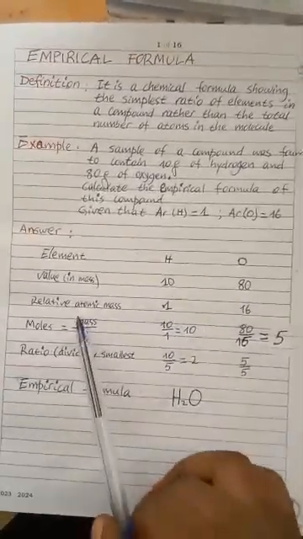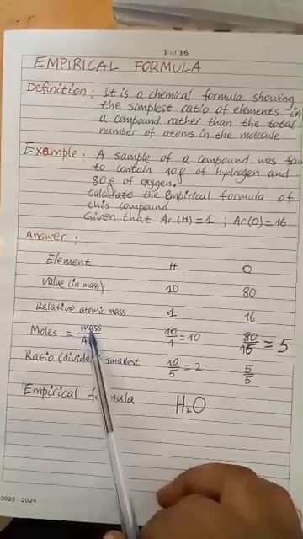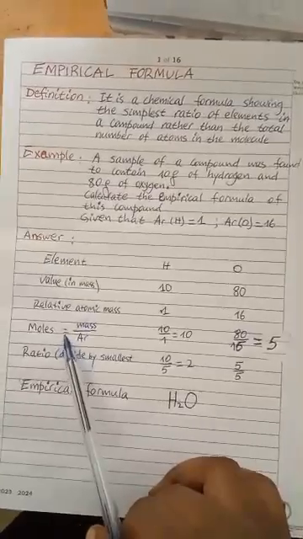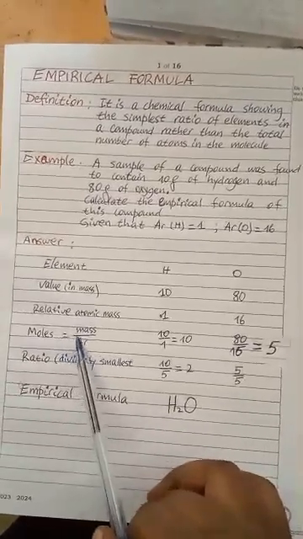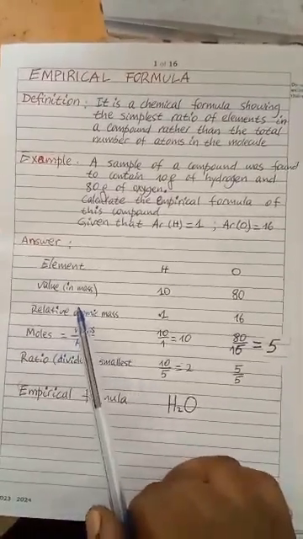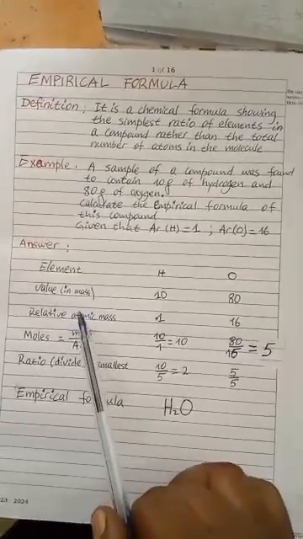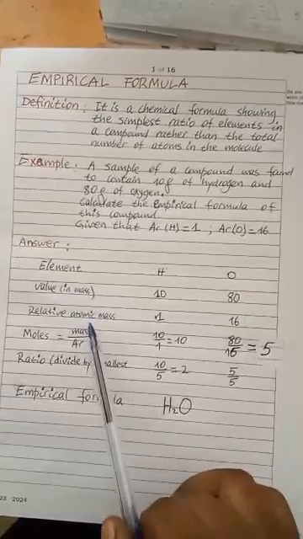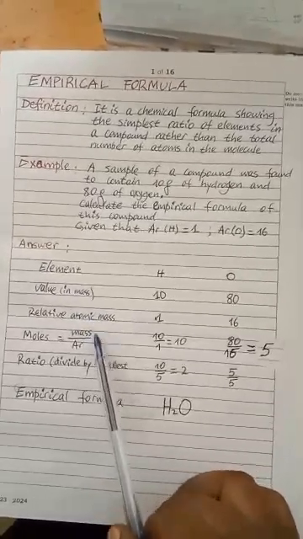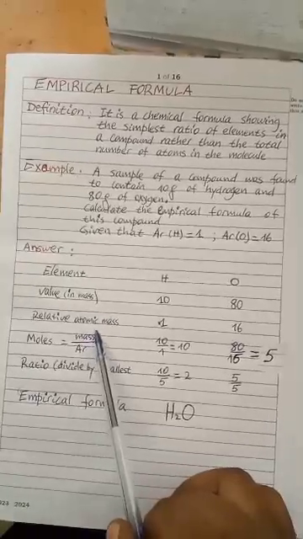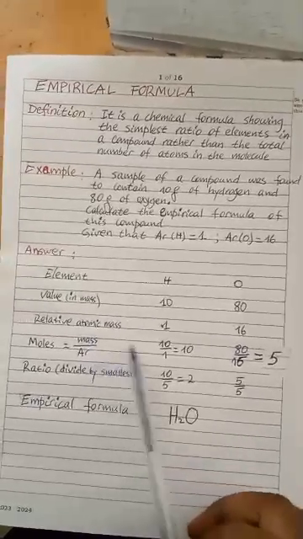In step 3, we are going to calculate the number of moles. To calculate the number of moles, we use the two previous values, the mass and the relative atomic mass. The number of moles is equal to the mass over the relative atomic mass.